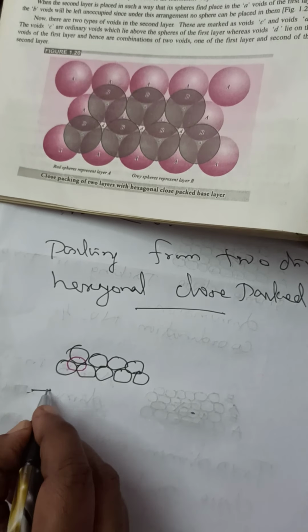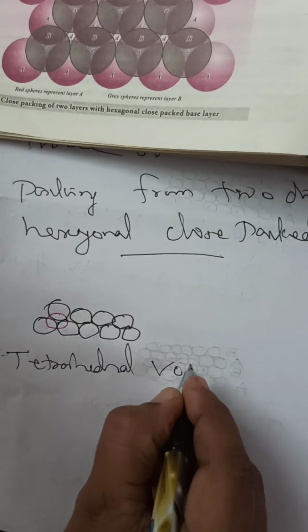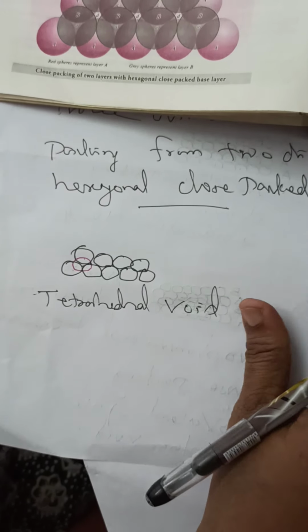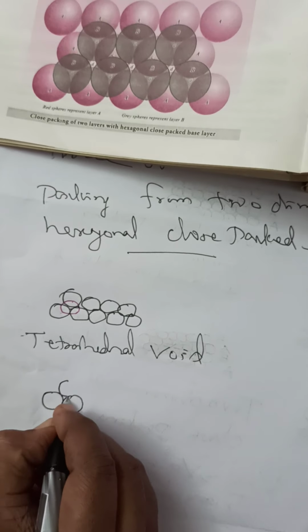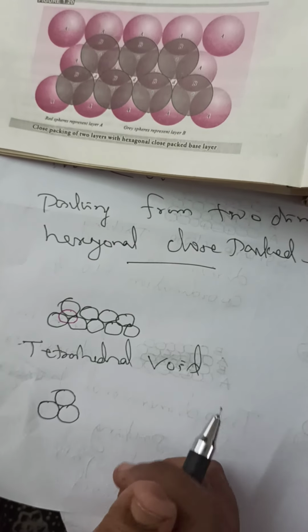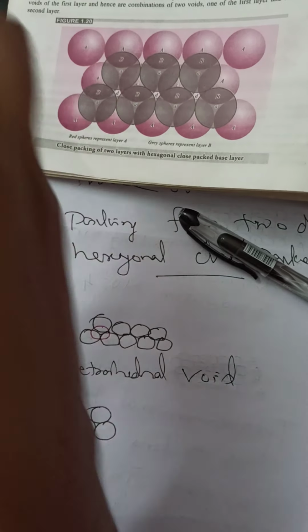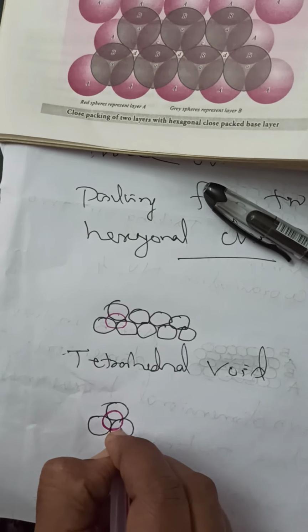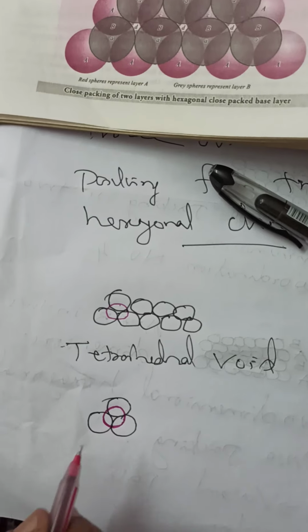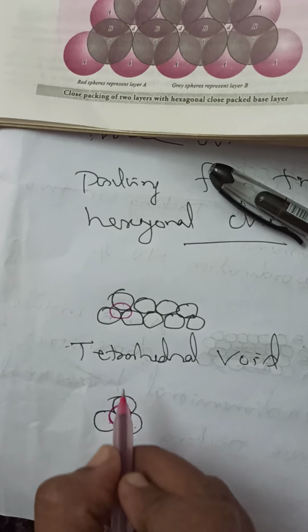Then it is called a tetrahedral void. This was our first layer, the first row, depressions made by the first row, the second row has come. Now the second layer is coming, which is closing the triangular void. So now this void is in between 4 touching spheres, so it is known by the name tetrahedral void.